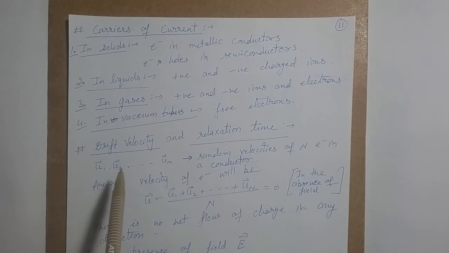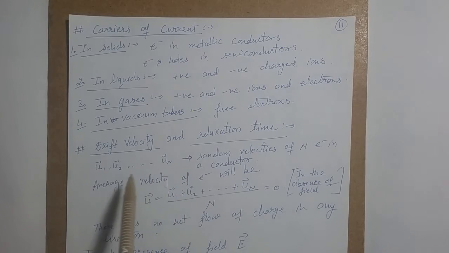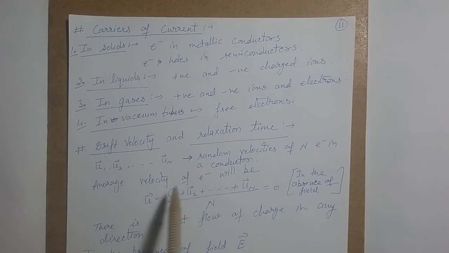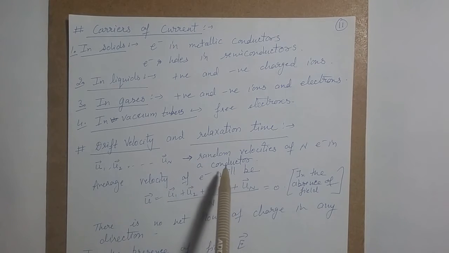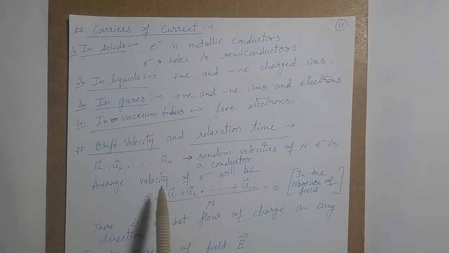Let u1, u2, u3, u4 and un be their velocities for one electron, for two, and so on till n electrons. Now, what will be the average velocity of all these electrons when no external source is connected to the conductor? In that case, the average velocity will be 0.